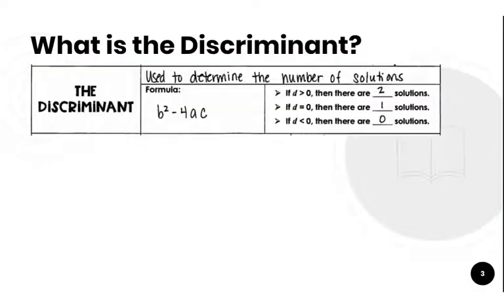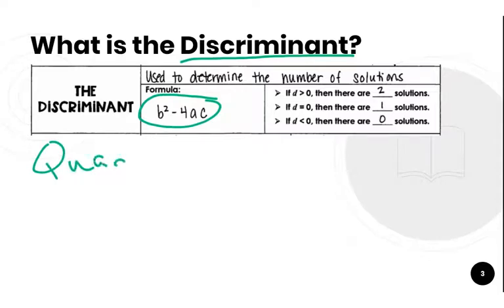All right, and that is actually kind of our lesson today. So we're talking about something called the discriminant. And it's a big fancy word, but it just means this part of the quadratic formula. So remember, quadratic formula, you can always look it up.